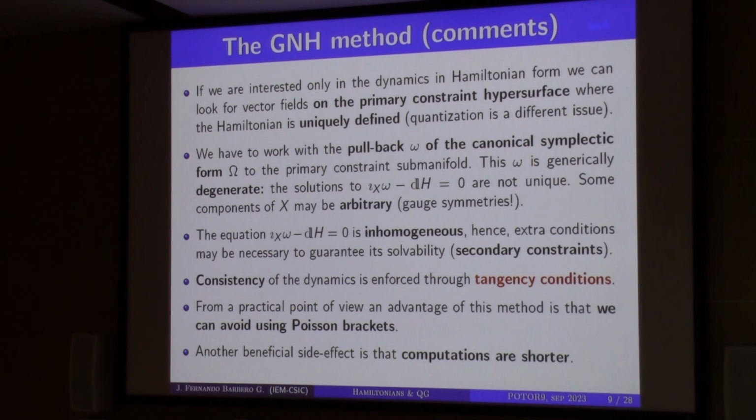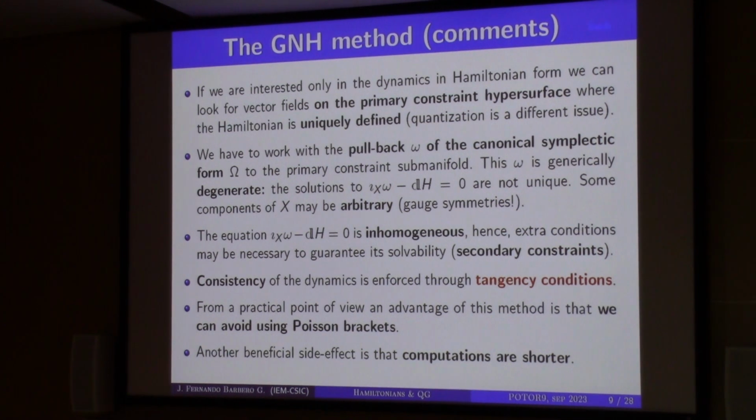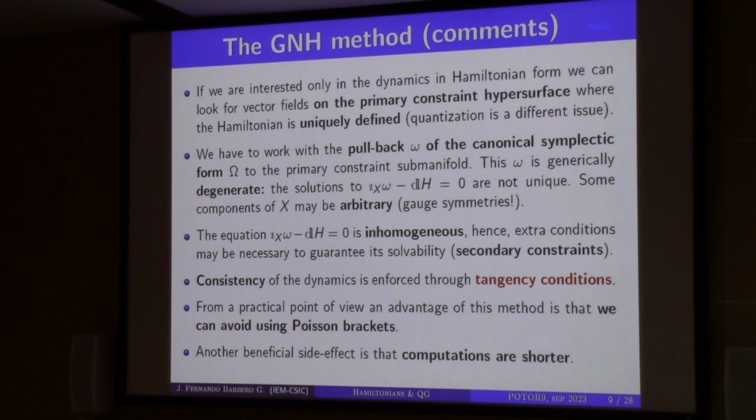Okay, but once we determine N, do we restrict ourselves to N only, or do we still work on some? That depends on what you want to do. It is exactly as in the Dirac case. So if you manage to solve the secondary constraints, and if you're clever enough, you may find some nice way of parameterizing the final constraint submanifold and then express everything in terms of these parameters.